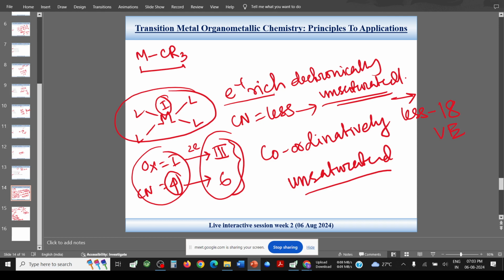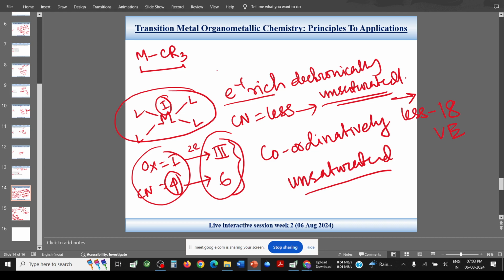Sometimes we may see that the metal complex has a 6 coordination number as well as being electronically saturated. If we have a metal complex with 6 ligands and the 18 valence electron is satisfied, it can still undergo the oxidative addition reaction.